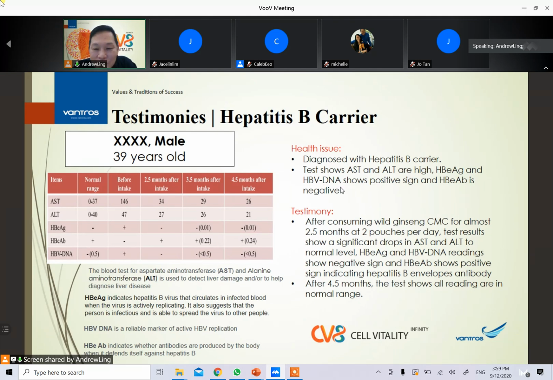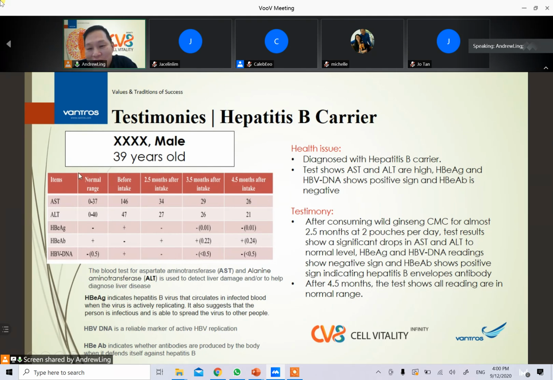And of course, his HBsAb is negative. It should be positive, but his is negative. That means his body is not producing any antibody by itself to deal with this hepatitis B. Before taking the CMC, all the test results are out of the normal range.